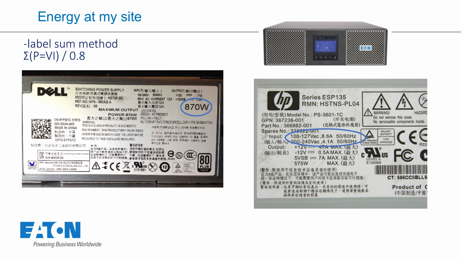Then as a safe measure, because sometimes you can overload equipment, there is a tolerance: you divide it by 0.8. You give it that 20% excess of load, just to make sure you're safe. You do that for each equipment on the rack. You then sum all this power, and it gives you the total power that you have on the rack.